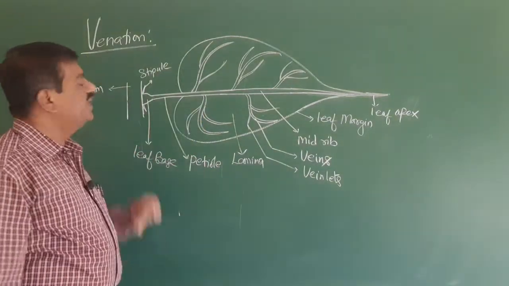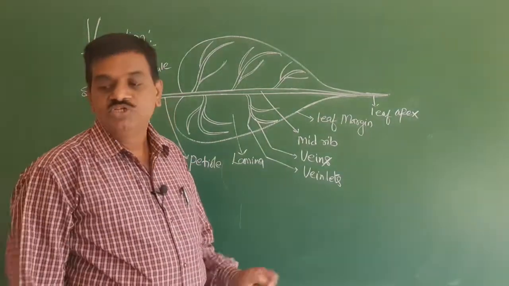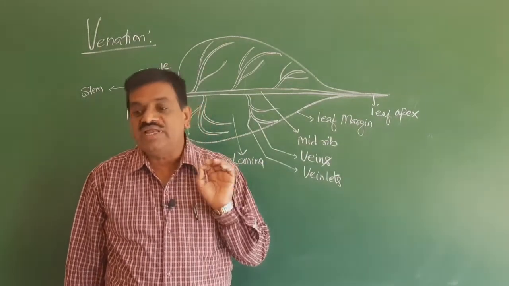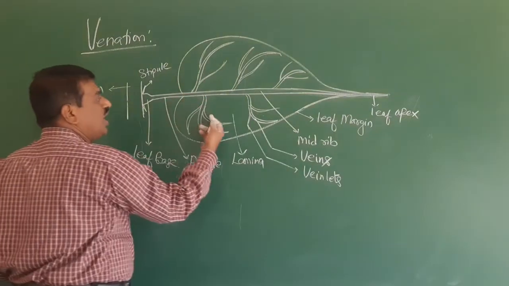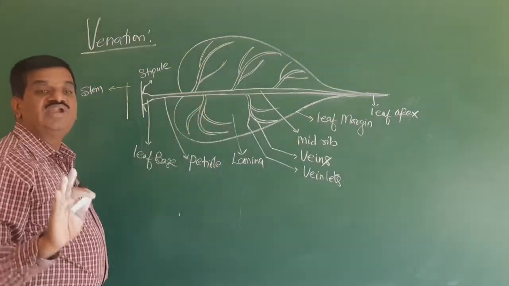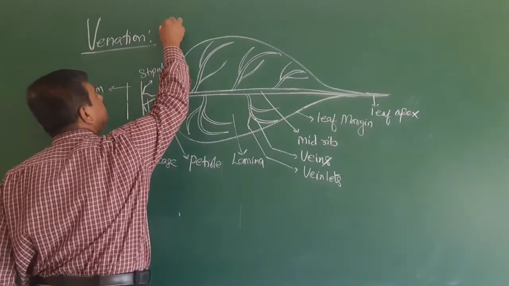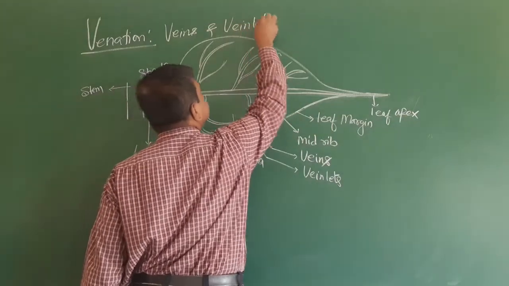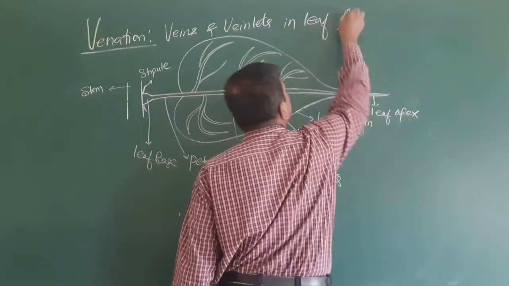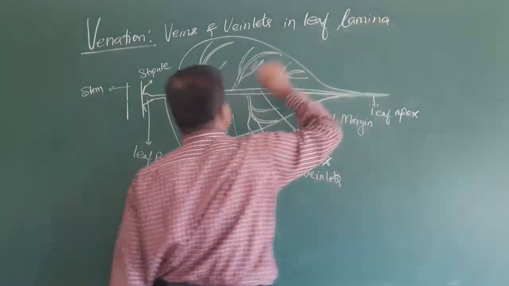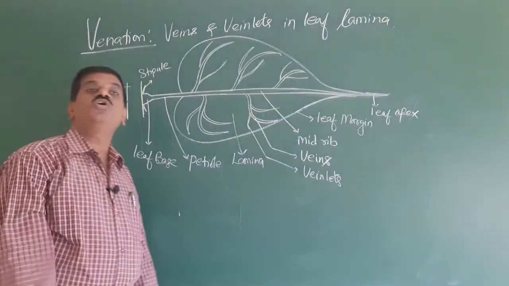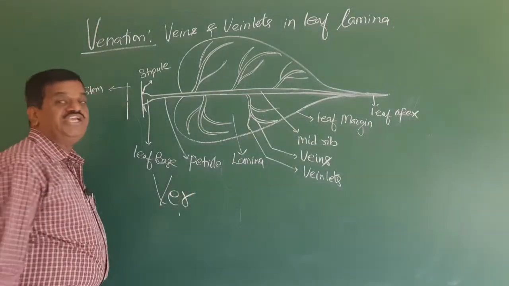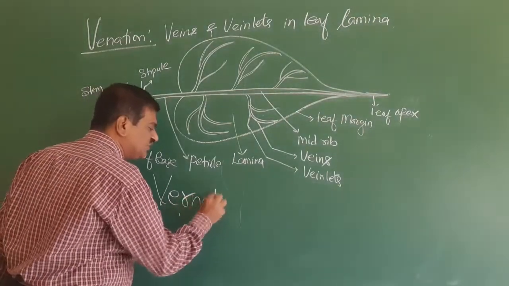So we go to the next heading, called venation. The word venation is nothing but the arrangement of veins and veinlets in a leaf lamina. There is one more word which may lead to confusion, called vernation.